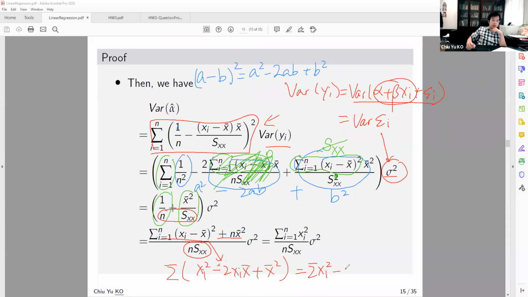Actually, we've done it many times already. Okay, so then together with this they cancel out, because there's one term here to subtract. So that's why we have this one. And this is the formula we prove.